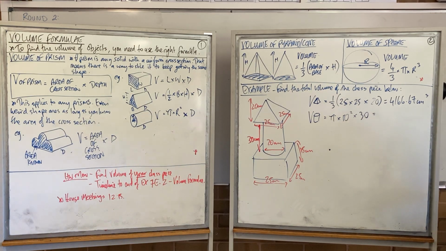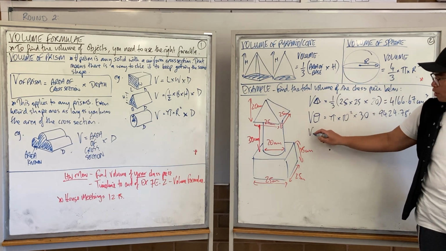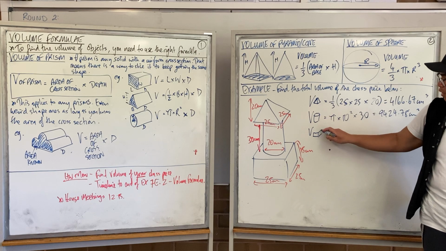Plug that into your calculator: 10 squared times pi times 30, 9424.78 cubic centimeters.